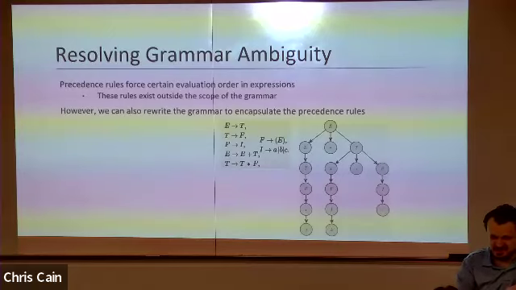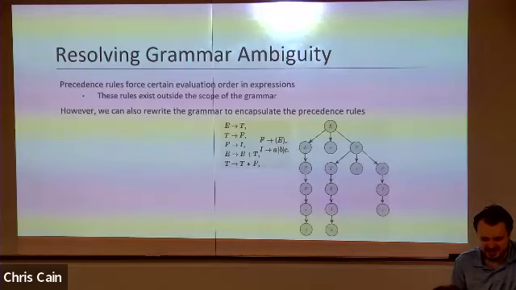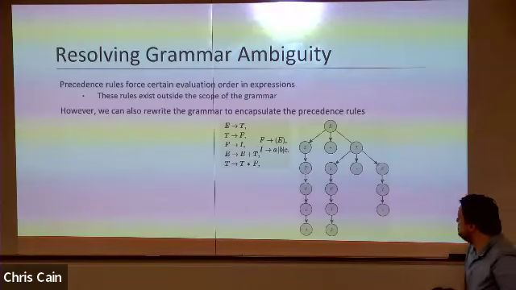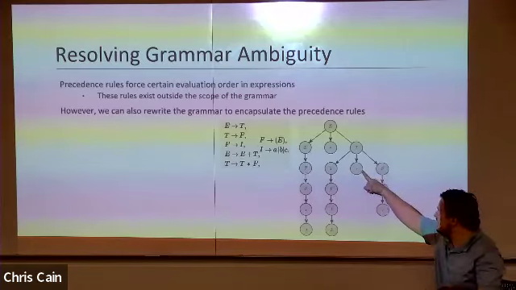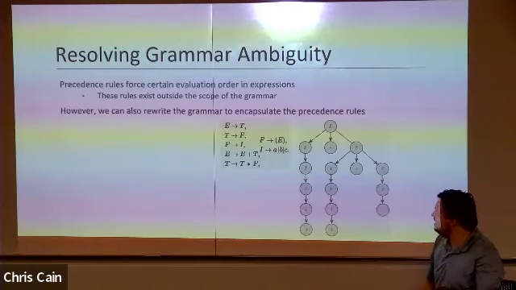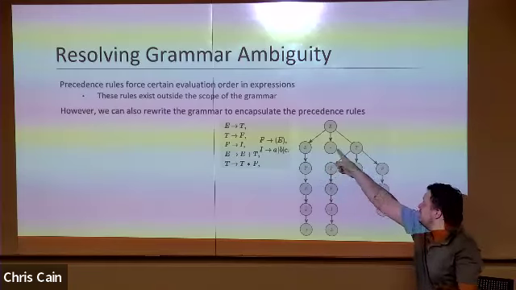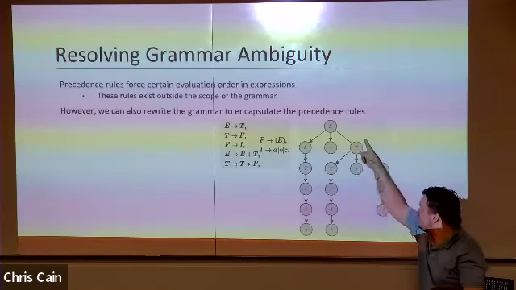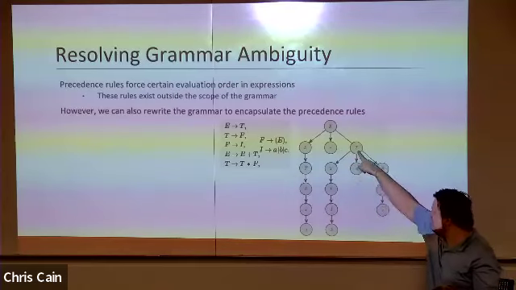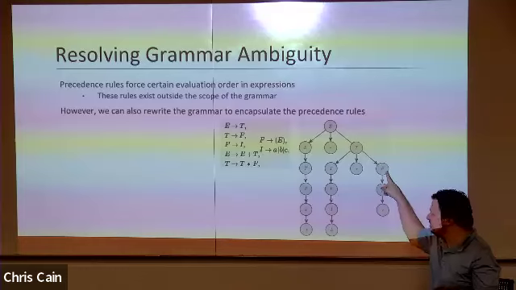But this is basically the only parse tree that you can generate to get A plus B times C. And if we do that bottom-up evaluation, you will see that we need to evaluate the multiplication before we evaluate the addition. There is no other way to evaluate this. With the E plus T, we need to know what this T is before we can do this addition. So to do that, we need to do this multiplication first.